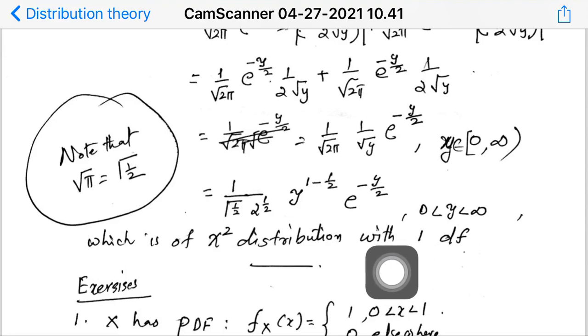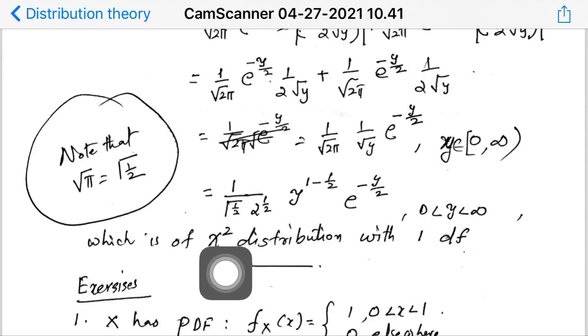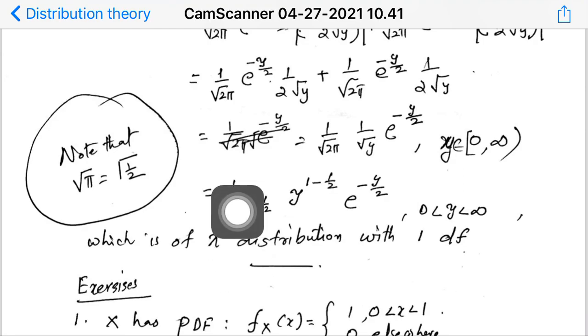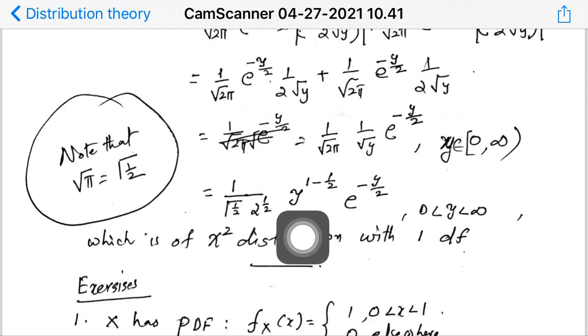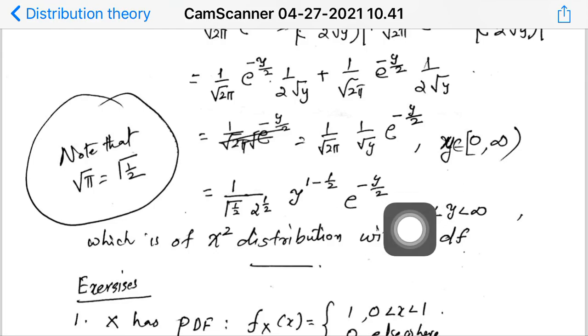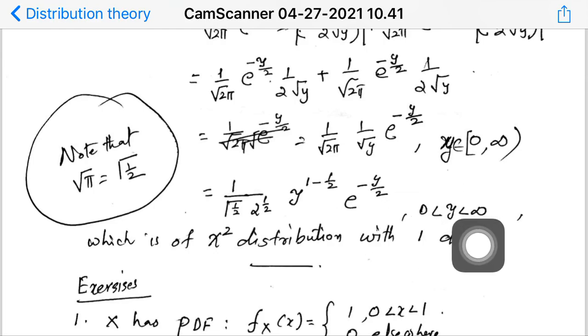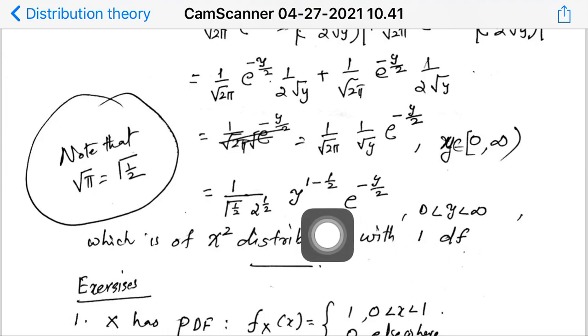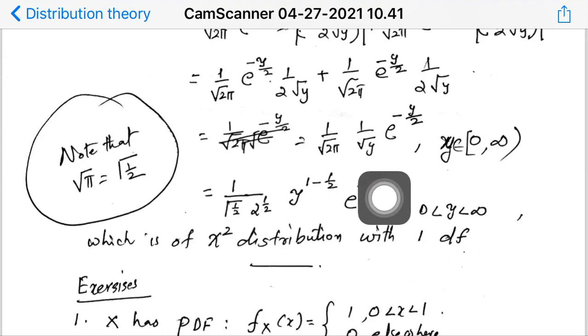Okay, chi-square with n degrees of freedom ആണെങ്കിൽ അതിൻ്റെ ഡെൻസിറ്റി എന്തായിരിക്കും? 1 by gamma n/2 2 to the power of n/2 y to the power of 1 minus n/2 e to the power of minus y/2, y lies between 0 and infinity. അതാണ് chi-square distribution with n degrees of freedom PDF. അപ്പോൾ n-ന് 1 കൊടുത്താൽ നമുക്ക് കിട്ടുന്ന PDF ആണ് ഇത്.